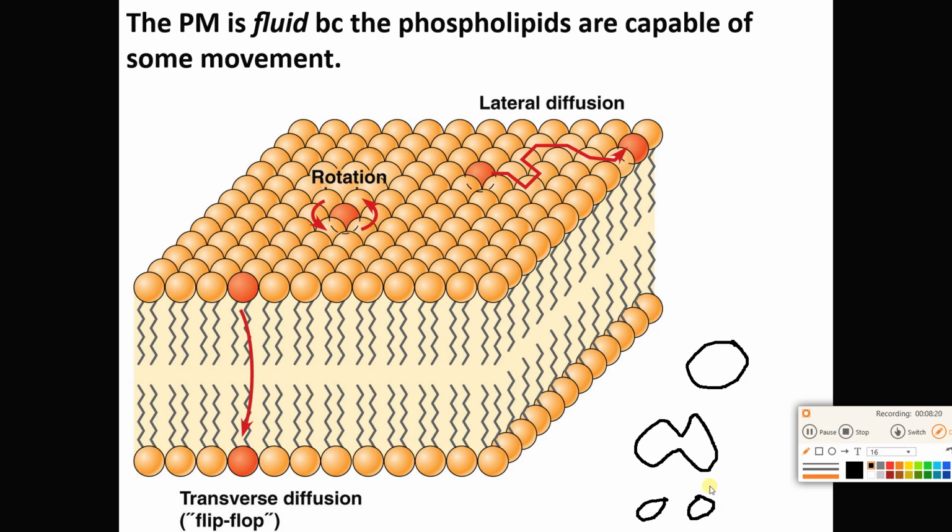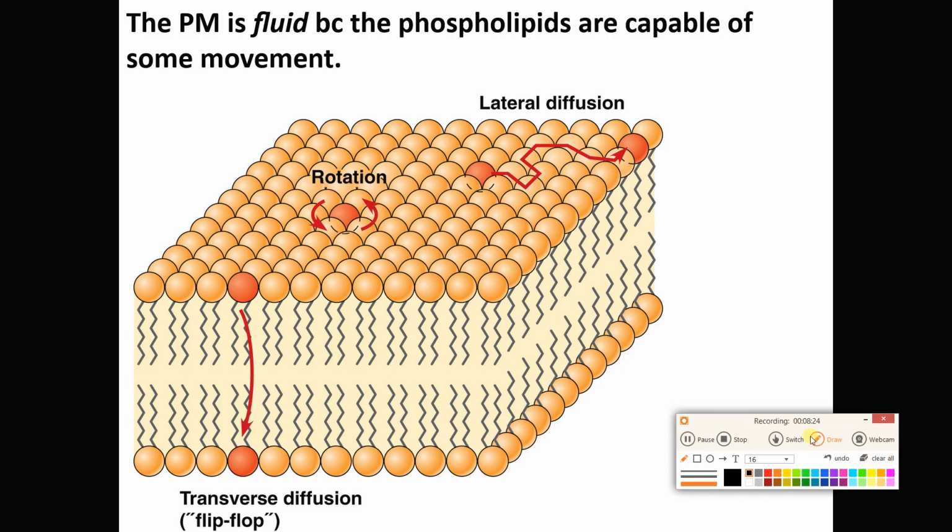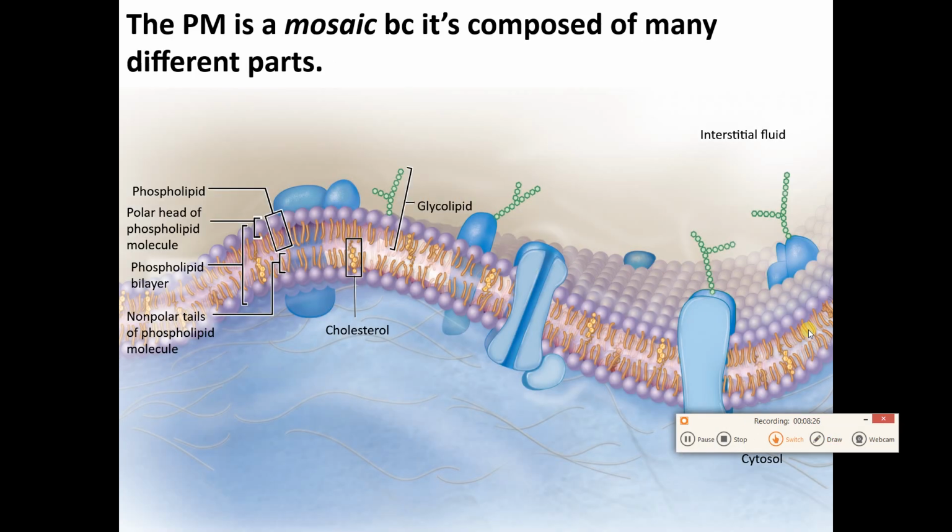Also, if I go back for a second, let me erase all this stuff first, then it'll let me go back. If we look at these proteins in here, we actually can put proteins in and take proteins out. And when you put a protein into the membrane, the phospholipids just kind of get pushed to the side a little bit. When you take a protein out, the phospholipids are going to then move into that space where the protein was.